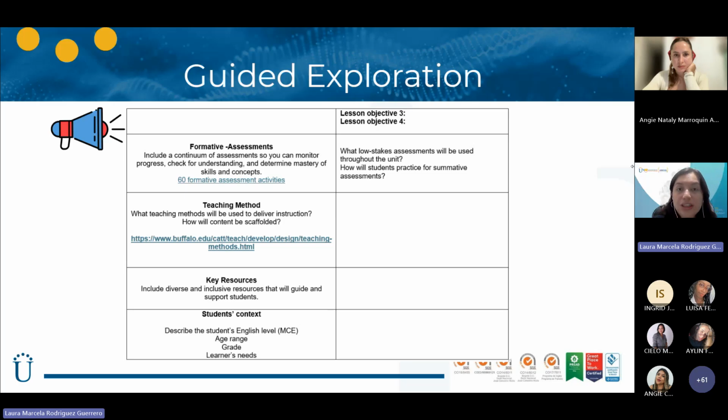Then you have your resources. Include diverse and inclusive resources that will guide and support the students. Guys, try to be really creative. Now we have a lot of tools that we can use for our lessons. It happened in the lesson plans that flashcards, okay?